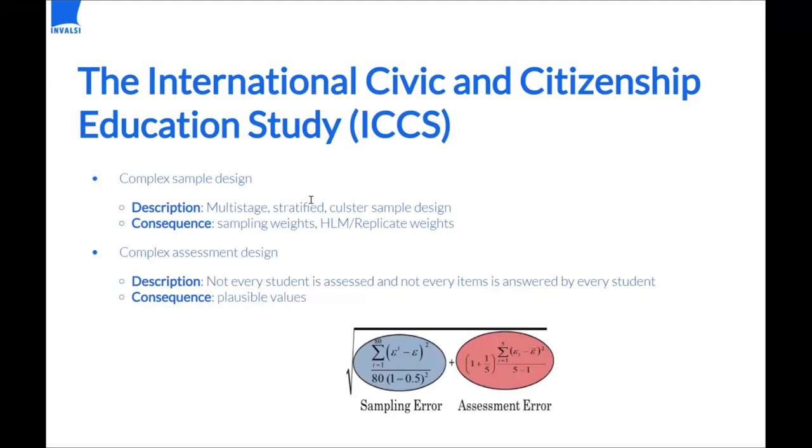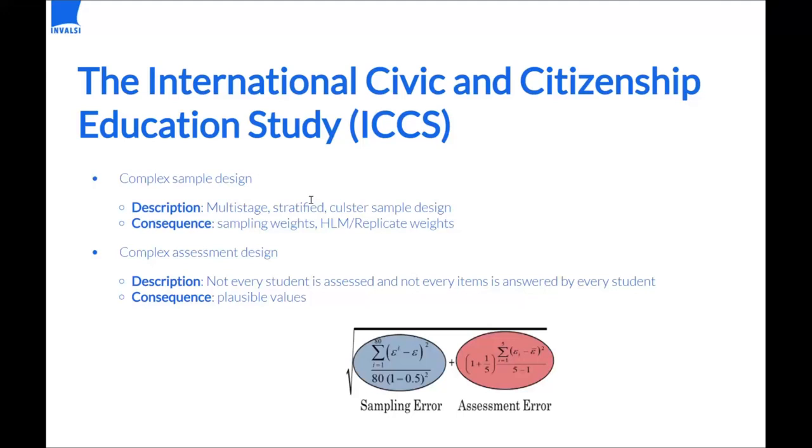And you do that by using multilevel models or hierarchical linear models, or replicate weights. Replicate weights are a form of resampling method, or bootstrapping, as many people know it. The method that they use in the IEA, or that they provide tools for, is replicate weights, jackknife replication to be more specific. So this is for the complex sample design.